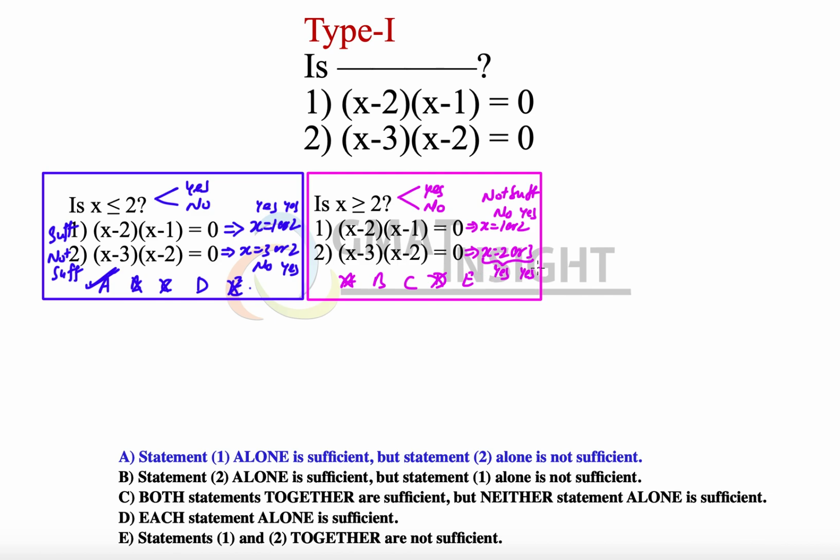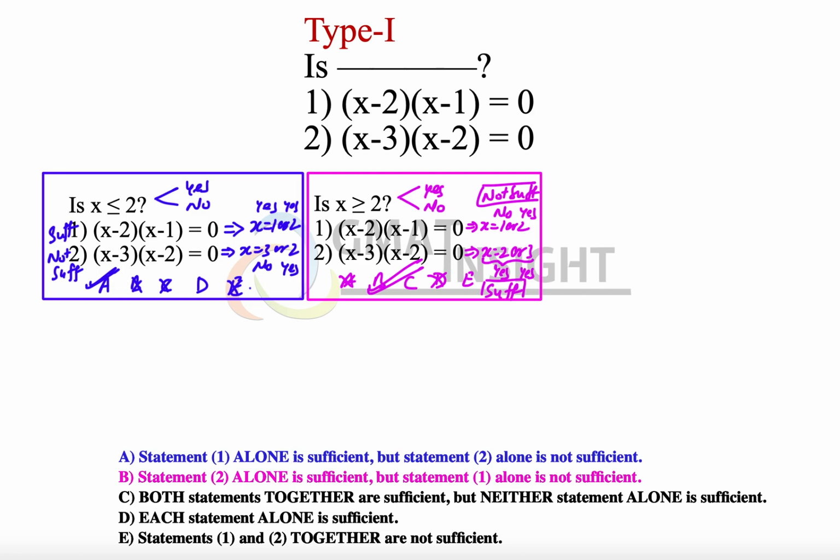Because the answer is consistent even though we don't have a unique value of x, the second statement alone is sufficient. Because the first statement alone is not sufficient and the second statement alone is sufficient, the answer to the question becomes option B. That is how we answer the second question, and I have colored option B right here.